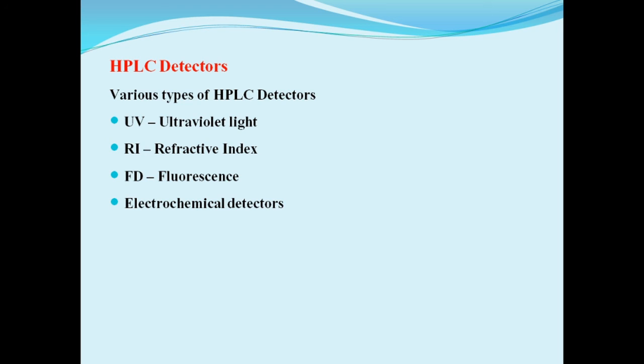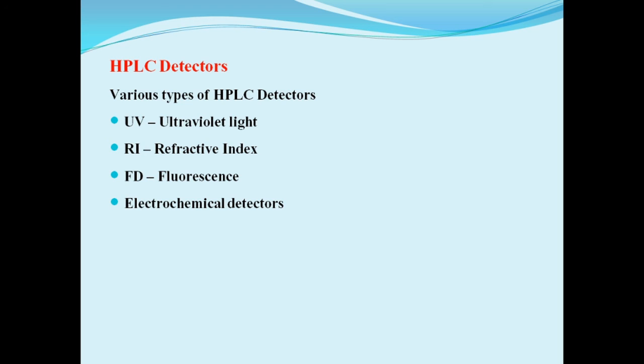Next, refractive index detector, universal analyte detector. The principle of refractive index detector: change of refractive index of the eluent from the column with respect to pure mobile phase, very temperature sensitive.